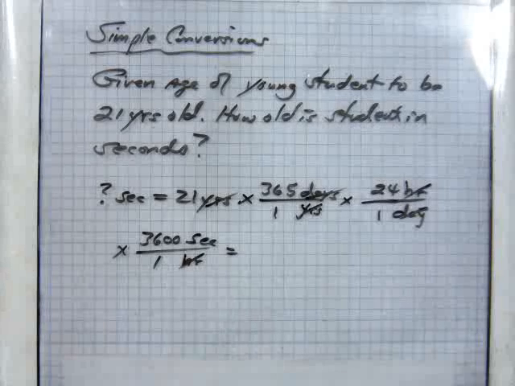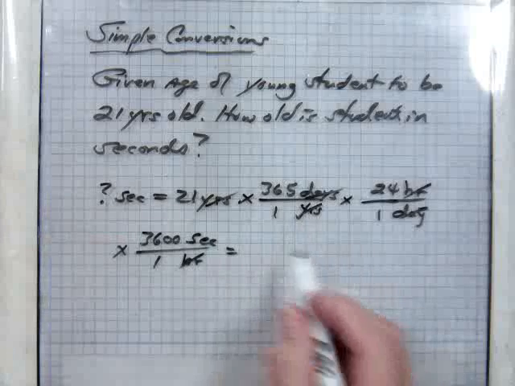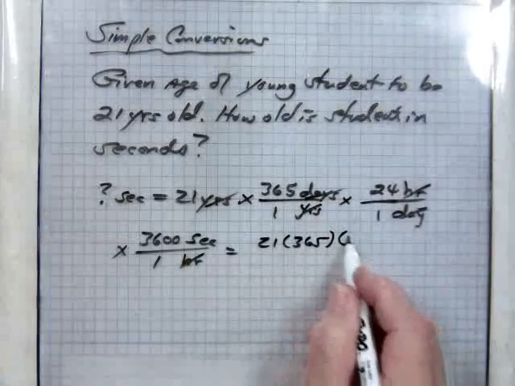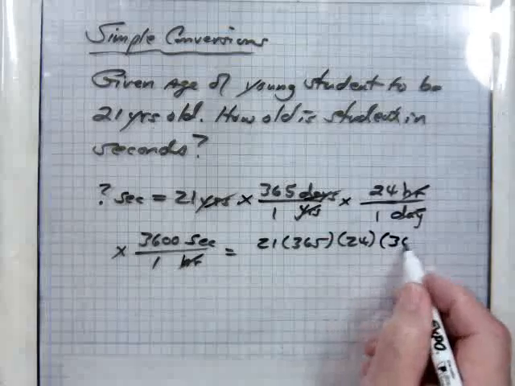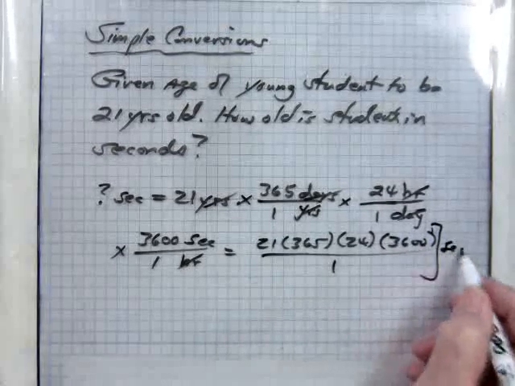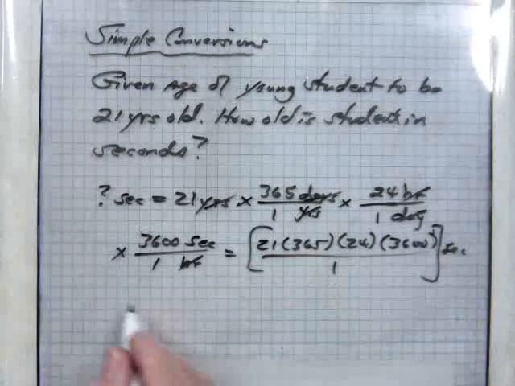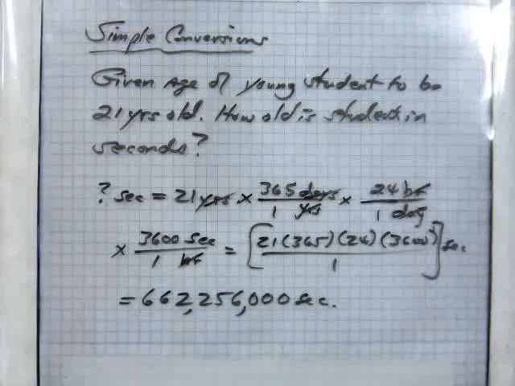And so punch that into my calculator and set this up. 21 times 365 times 24 times 3,600 all over 1, and it's all in seconds. So 1 times 1 times 1 and so forth, like that. So, okay, that's the calculator answer.